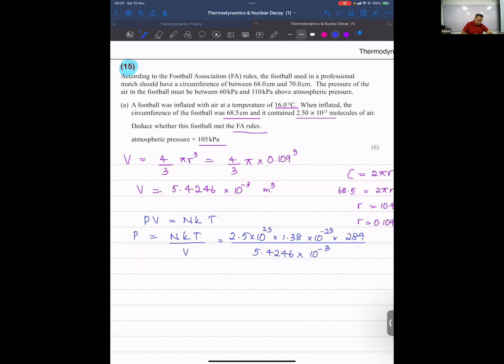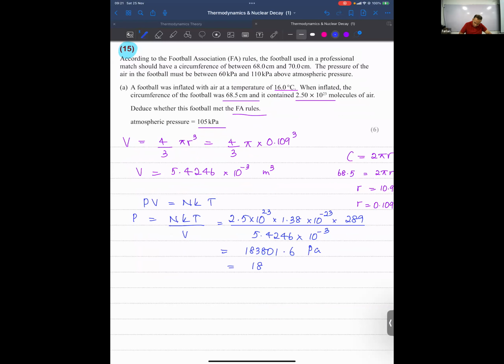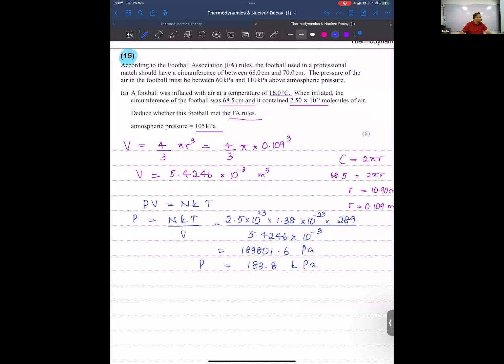So that's going to be 183,801.6 pascals, which is 183.8 kilopascals. This is the pressure of the air in the ball.